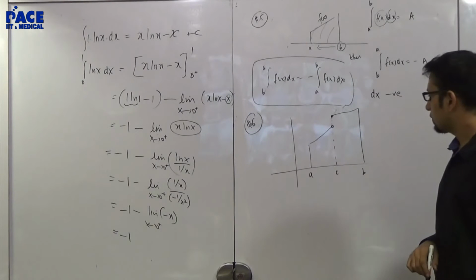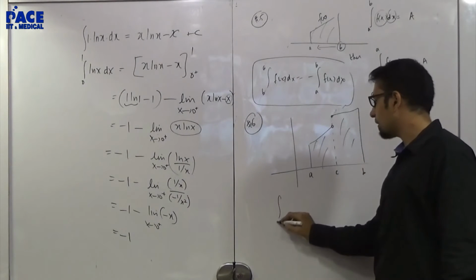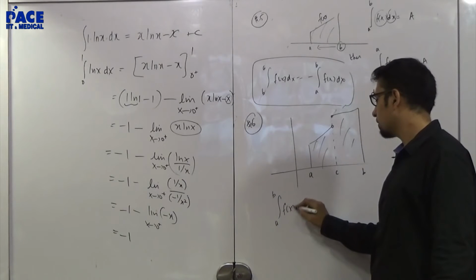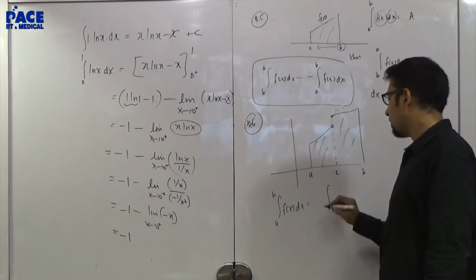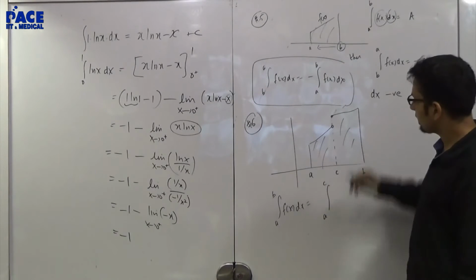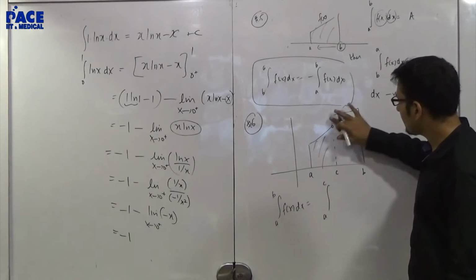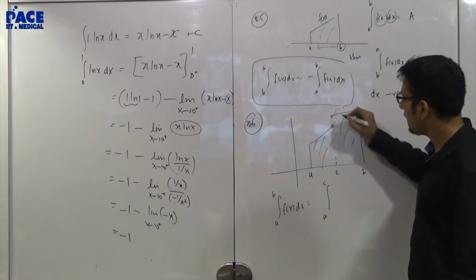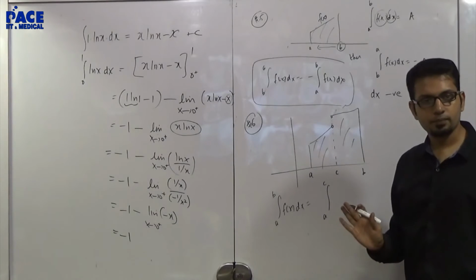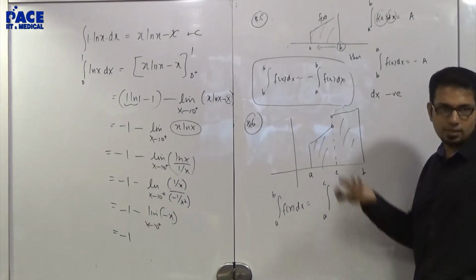Okay? So what we do, how to integrate such a function? The integral from a to b will be the integral from a to c. Now हो सकता है कि it may not be defined at c. c पे defined ही ना हो, c के पहले just defined है, c के बाद just defined है, for some reason.